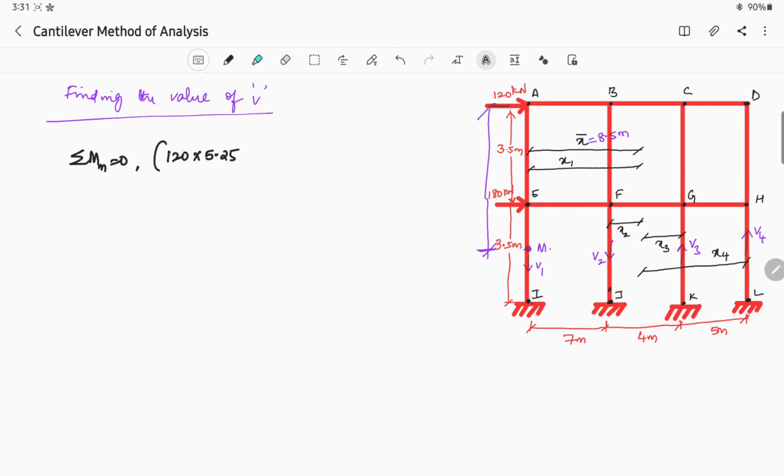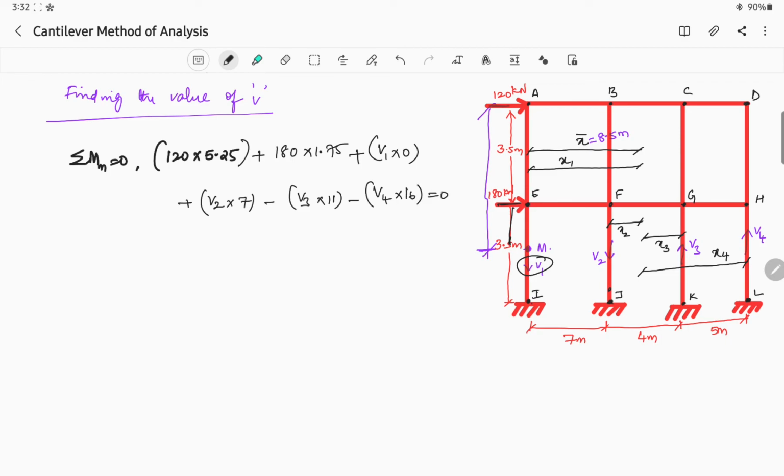Just write it, 120 into 5.25 plus 180 into 1.75, that is this force into perpendicular distance till here, 3.5 divided by 2, you will get 1.75, plus we have V1 also, that is V1 into 0 plus V2 into 7 minus V3 into 11 minus V4 into 16 is equal to 0.